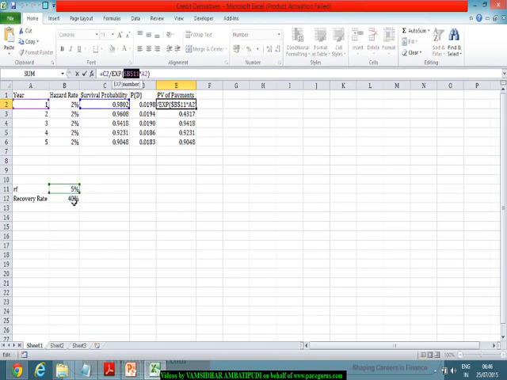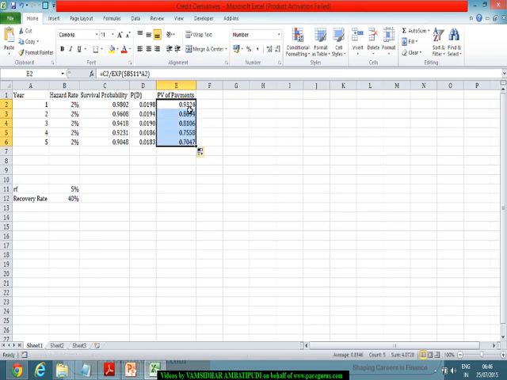So let me freeze it. What I could see is these happen to be the present value of all the payments.